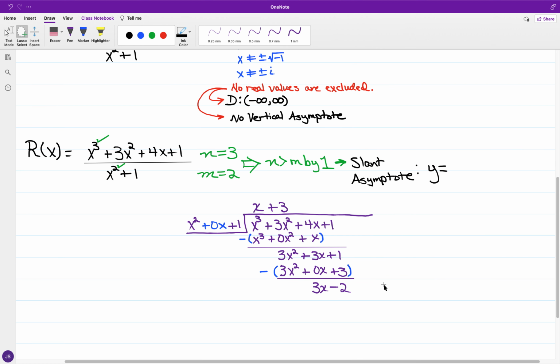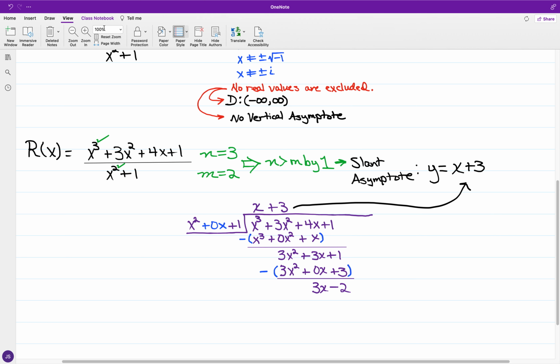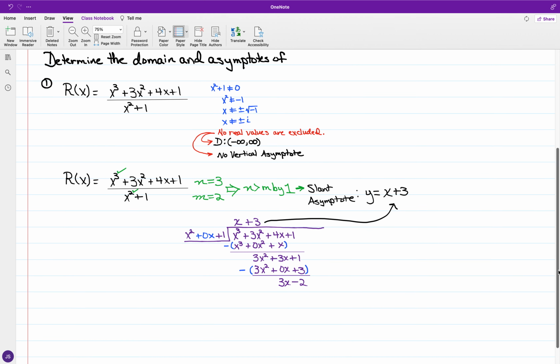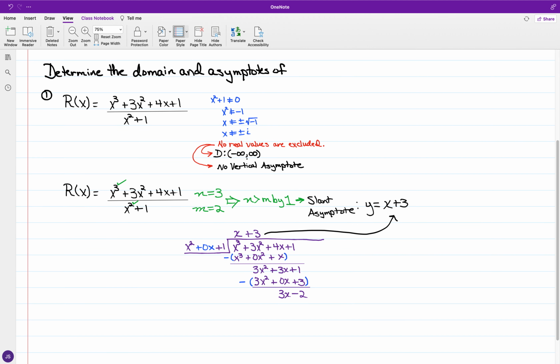So from the quotient, we have x plus 3, and so the slant asymptote is going to be y is equal to x plus 3. So just going back, again, the domain consists of all real numbers, since there were no real values excluded.